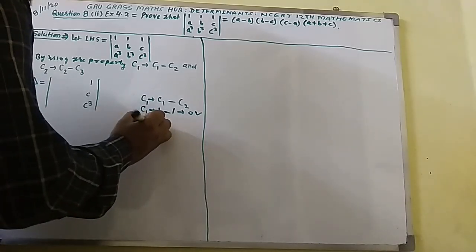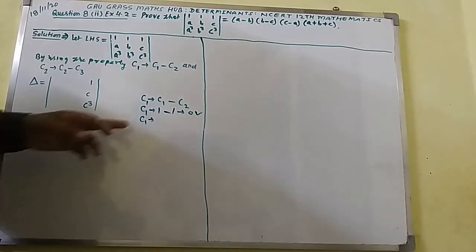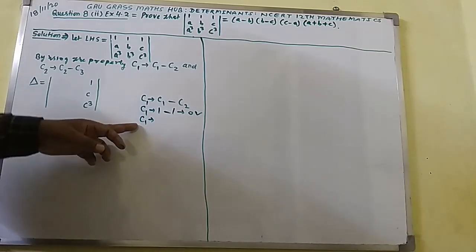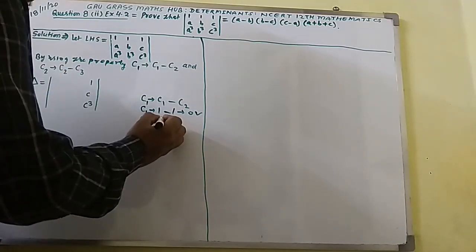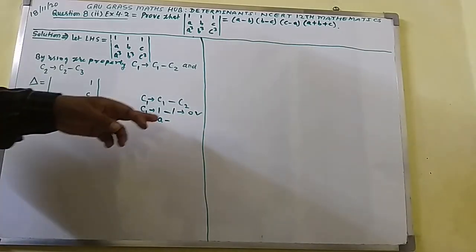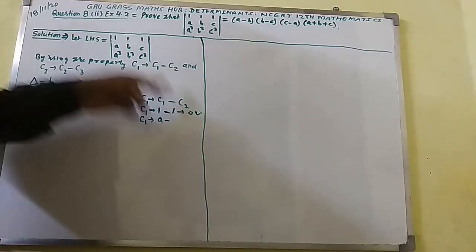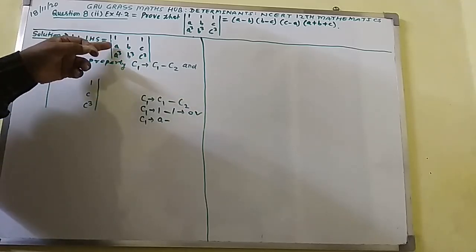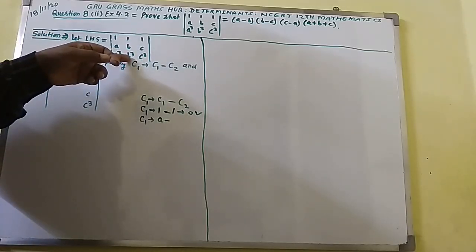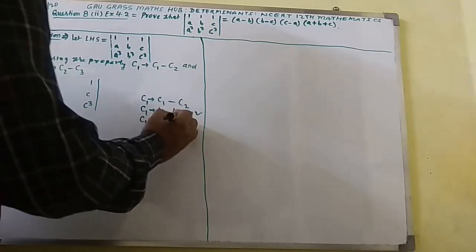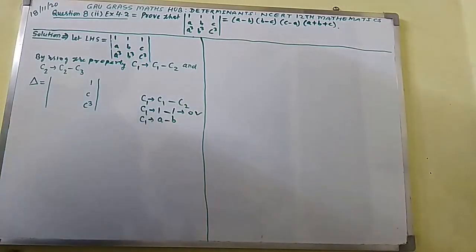Again, another C1 element: if I take the element of C1 as a, here write a, minus the corresponding element in C2, which will be b, so you will get a minus b.